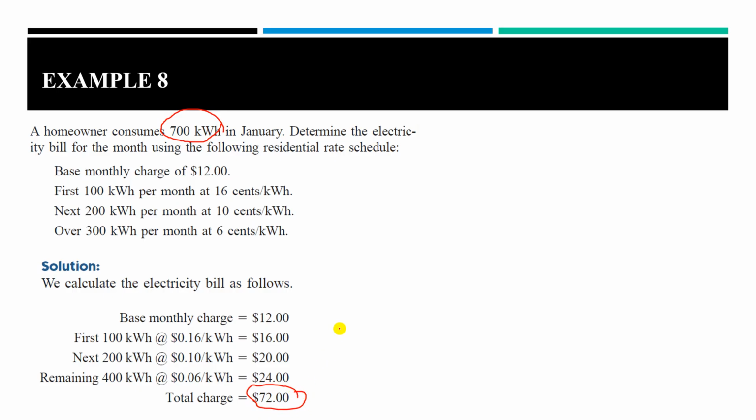The average cost will be the total money, $72, divided by 700, which is the total kilowatt hour. This will give us that the average cost of each kilowatt hour is 10.2 cents per kilowatt hour.